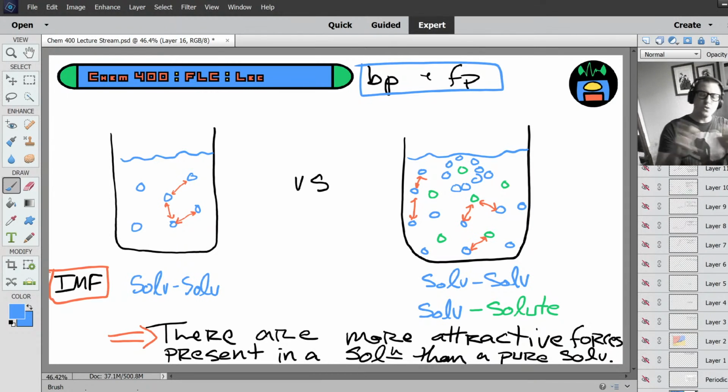So even though the solute molecules have an attraction to the other ones, they never get close enough to another dissolved solute molecule for that interaction to build up, because the solvent molecules are so eager to get around and surround and get those attractive forces going that the solute molecules never get an opportunity to get close enough to another solute molecule to have that interaction.